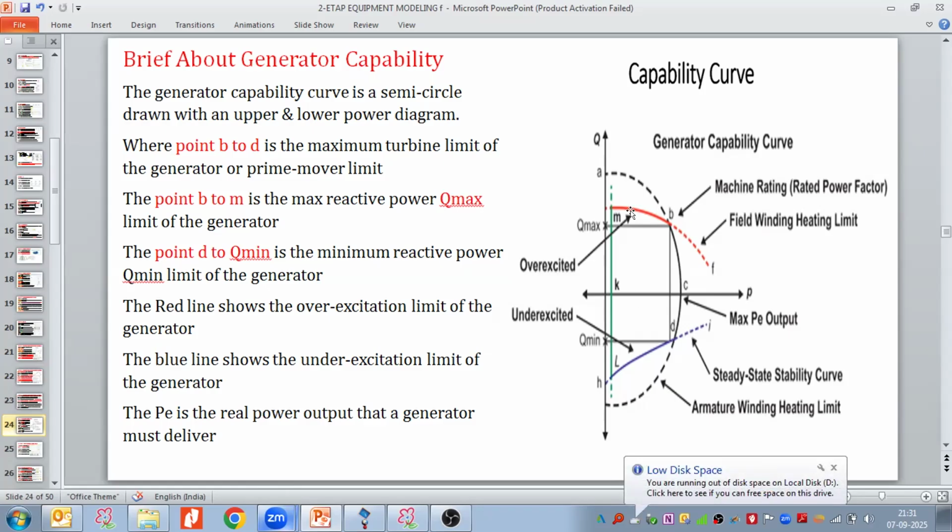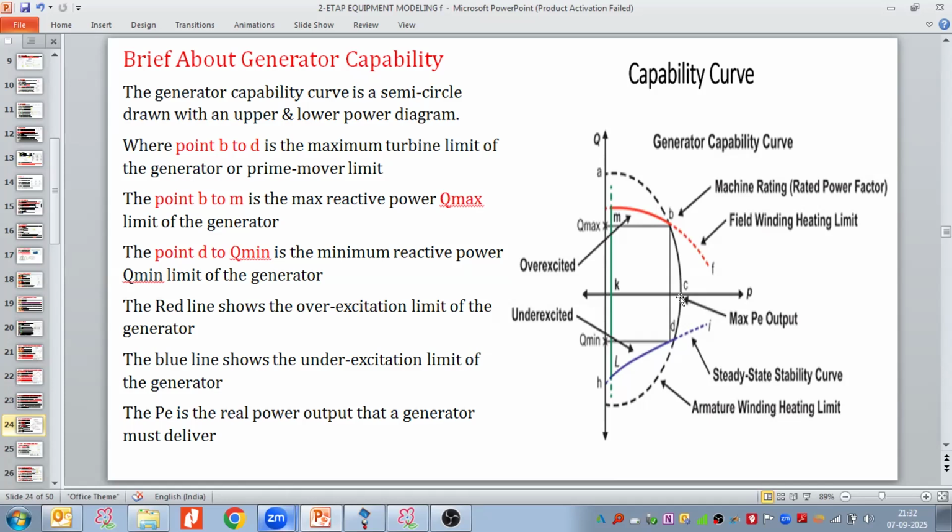The red line shows the overexcitation limit of the generator, and the blue line shows the under excitation limit of the generator. And PE is the real power output that a generator must deliver. So this is an example of the generator capability curve. When we do a project, a similar kind of capability curve is provided by the generator manufacturer.